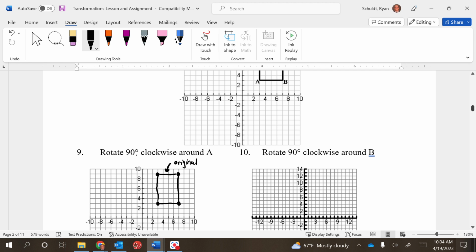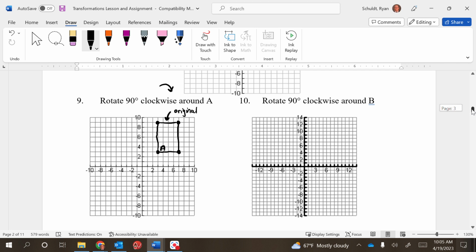Okay, we want to rotate 90 degrees clockwise. Clockwise is going to the right. About A. So A is right here. I want to rotate this 90 degrees clockwise about A. Meaning A is my pivot point.